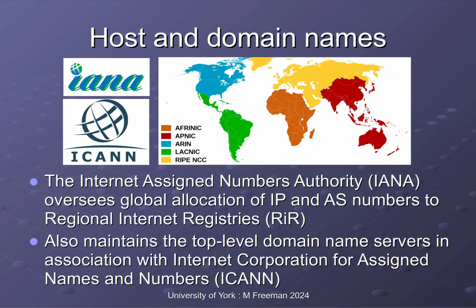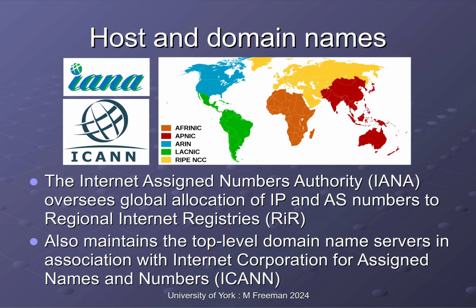So obviously we need someone to organize this for us, some institution that manages the assignment of IP addresses and autonomous system numbers. So IP addresses are used to identify our machines and AS numbers are used to identify each network within the network of networks that is the internet.